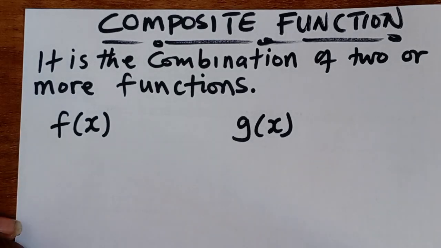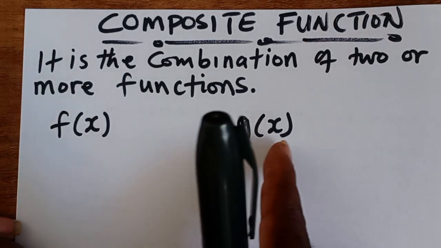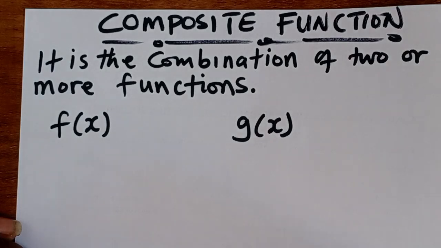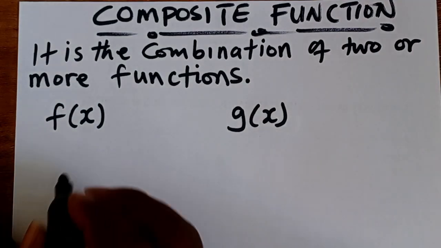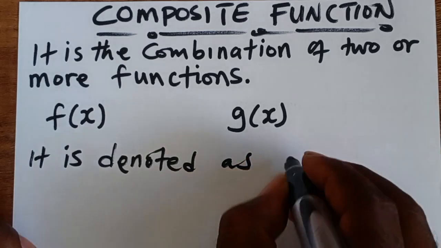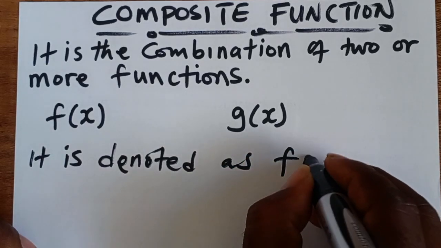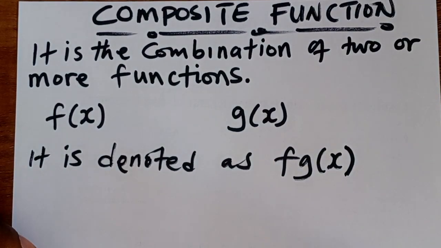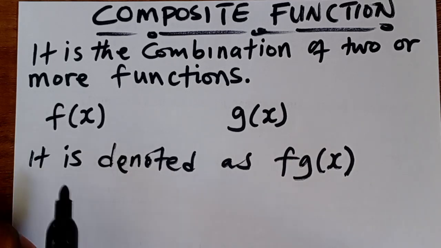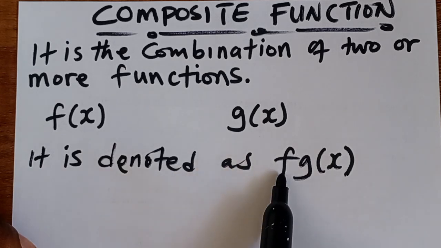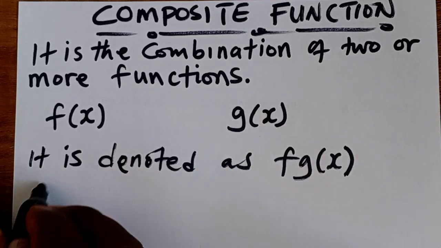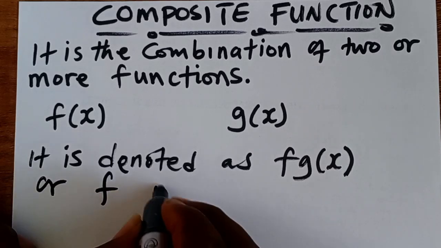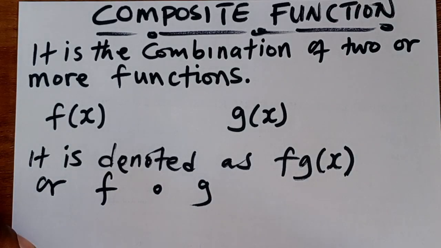If we combine the two functions, for example, g function goes into the f function, what we are going to have is noted as fg of x. When you see this combination, this is what we call composite function. Composite function is denoted as fg, or it can be f of g. It is the same.